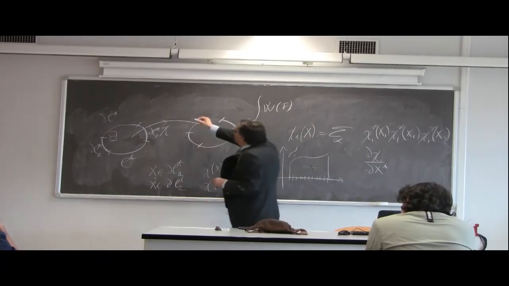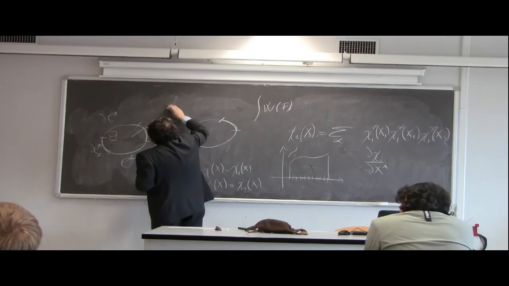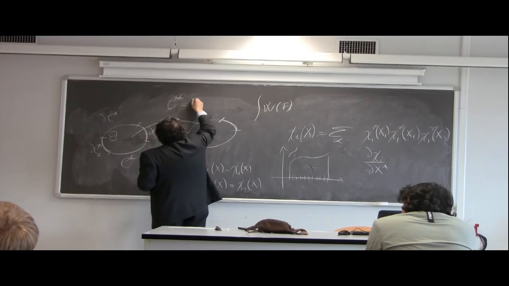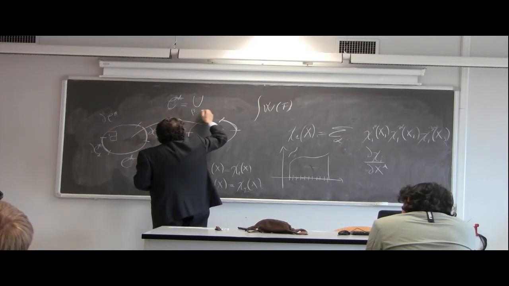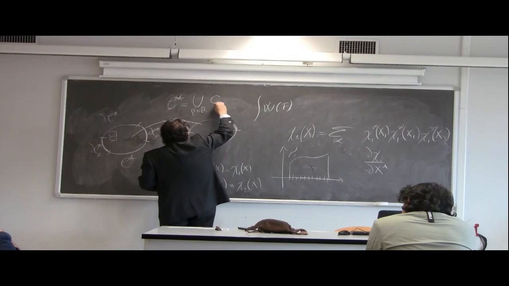So we have C star, which can be written as a union over an index beta belonging to 1 to capital N, being very big, of C beta.